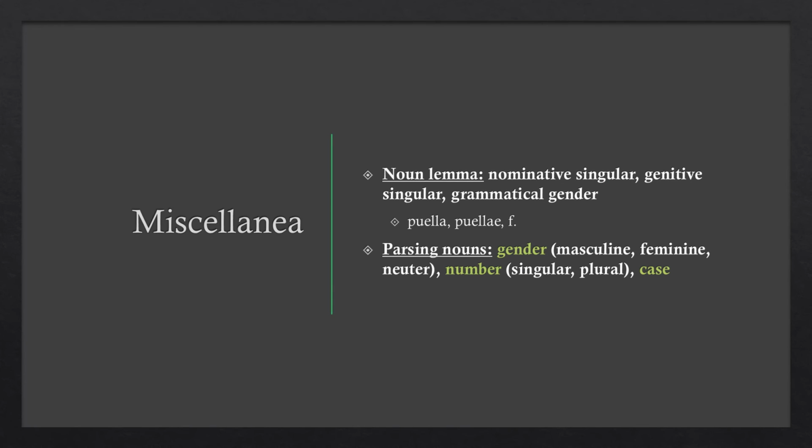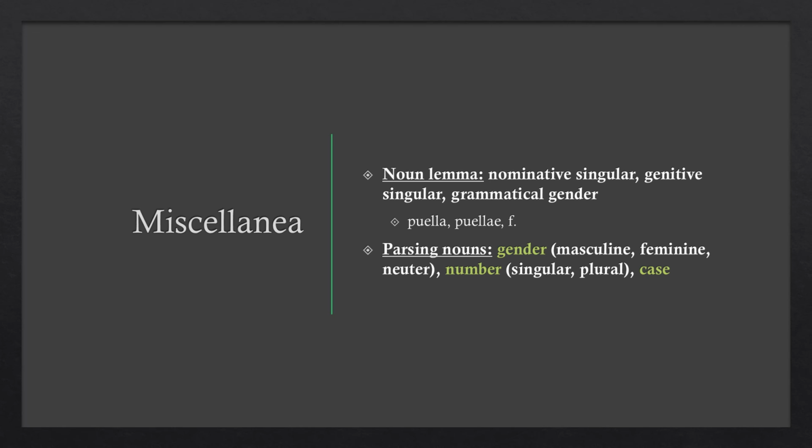Before we end, a few miscellaneous items. First, as is my general preference, I want you to begin accumulating vocabulary the right way from the beginning, so you don't have to go back and relearn it all. In the last video, we learned that a word's dictionary form is called a lemma, and that a lemma will contain a standard set of information depending on the word's part of speech.